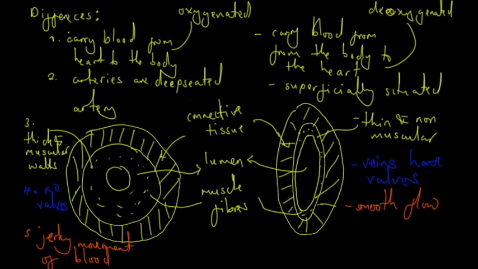And what else? The flow of blood in the arteries is faster than the flow of blood in the veins. Blood is pressurized and moves fast.